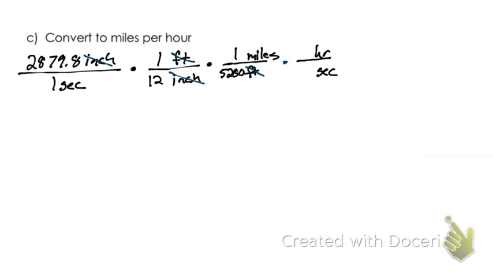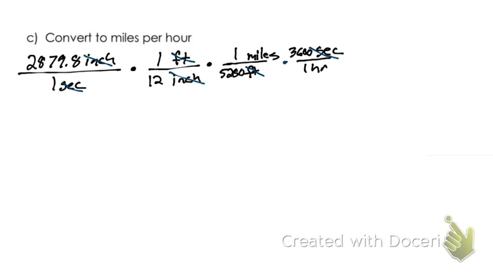If you look at it right now, my hours and seconds wouldn't cancel out. Nothing would cancel out. I'd actually have seconds squared. So I need to flip that. I need to always have what I'm trying to get rid of on top of the other one so our seconds can cancel out. All right, there are 3,600 seconds in 1 hour. Now if we look at it, everything is crossed out except for miles and hour.